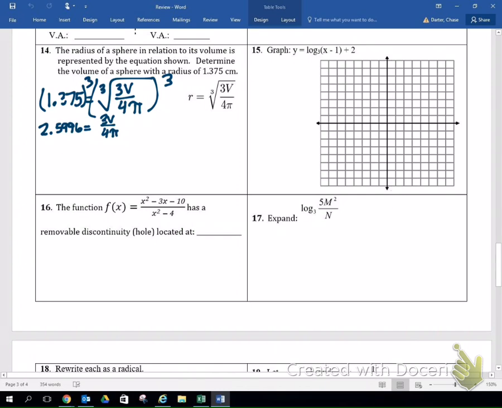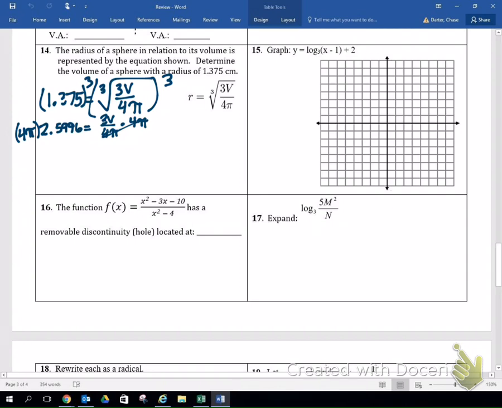And then again we're trying to get V by itself, so it's in the numerator of a fraction, which means I need to get rid of the denominator of the fraction. And to move 4 pi from one side of the equation to the other, since it's in the bottom of a fraction, we need to multiply by 4 pi, which will cancel that out, which means I have to multiply this side by 4 pi.